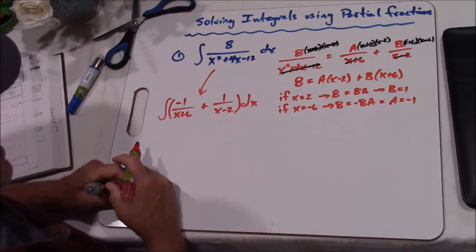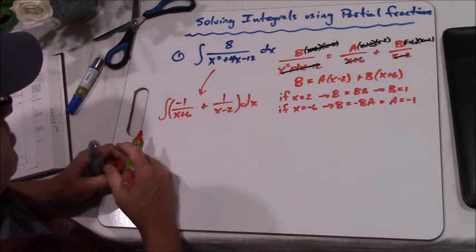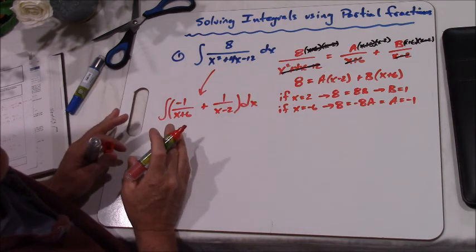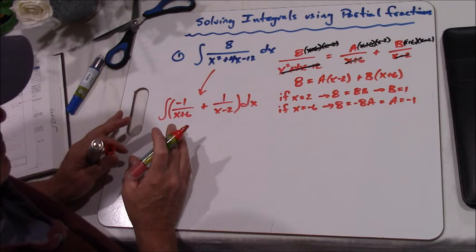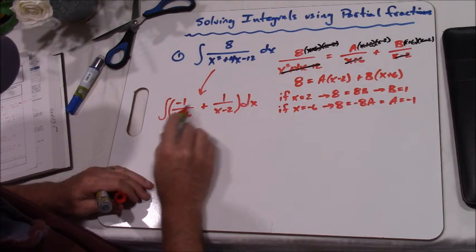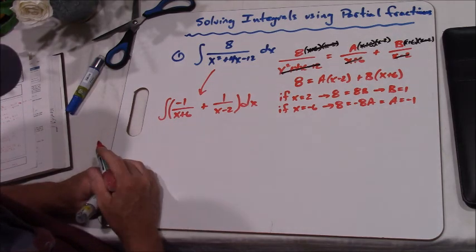And I've always kind of liked these problems because they're not nearly as difficult as trig substitution or integration by parts. Once you know what these two fractions are, really solving this integral is pretty easy.